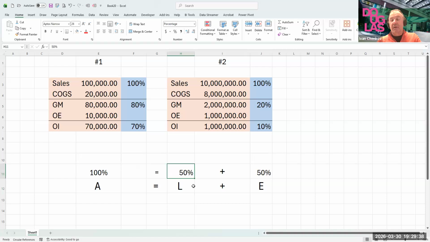Or I may have 0-100. Why? Because I know my assets are 100%. Or I can have 20-80 to give me 100. My capital structure is I rely 80% on equity and 20% on liability. Why? Because my total assets are 100%, and total liability and equity are also 100%.